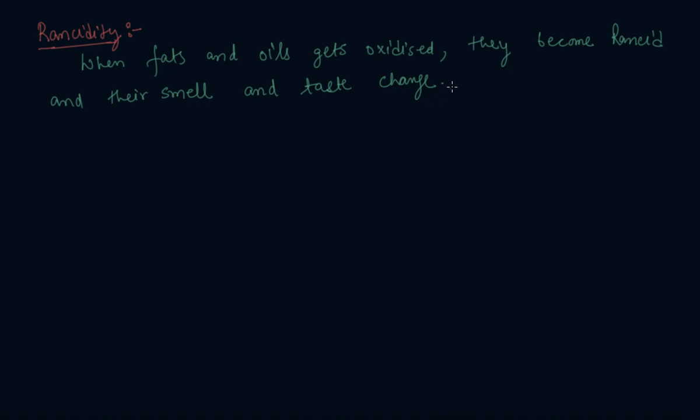Usually substances that prevent oxidation are added to foods containing fats and oils. The substances that prevent oxidation are also called preservatives, which we discussed in our earlier classes.